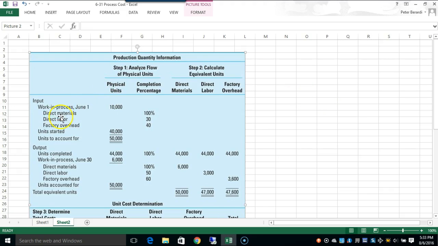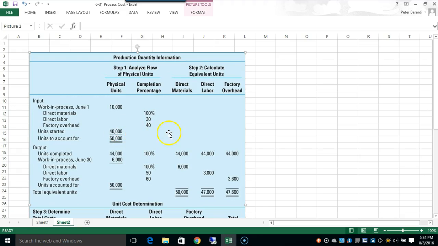Our physical units for work in process June 1st, which is our beginning WIP inventory, is 10,000 units. And it's saying that direct materials are complete 100% out of the beginning WIP. Direct labor is 30% complete, and factory overhead is 40% complete.